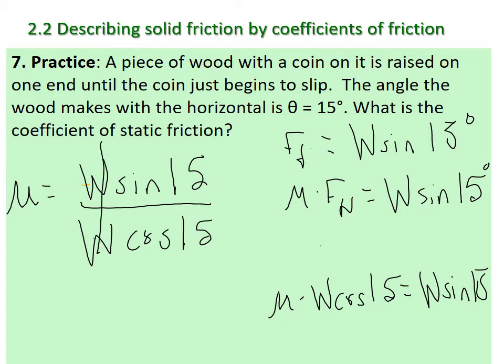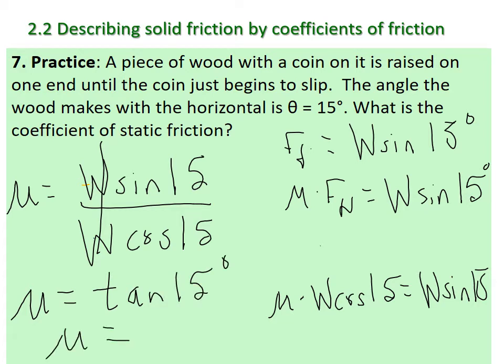And notice I have sine 15 degrees over cosine 15 degrees. This is a trig identity, and it's one you could easily prove to yourself by looking at SOHCAHTOA, but I'm just going to go ahead and state it for brevity. Sine theta divided by cosine theta equals tan theta. So this becomes tan of 15 degrees, and you can simplify to get your coefficient of friction.